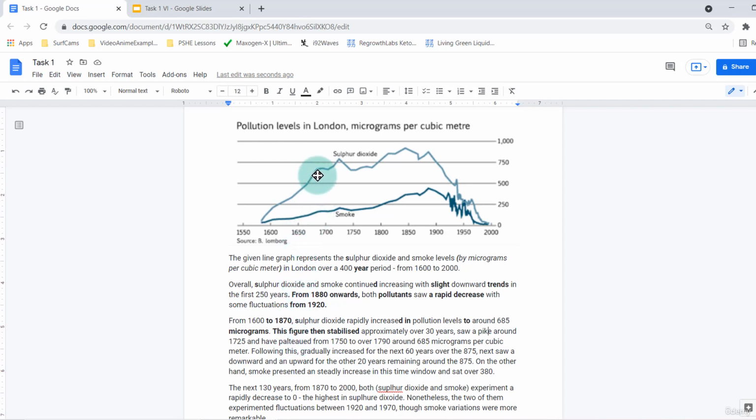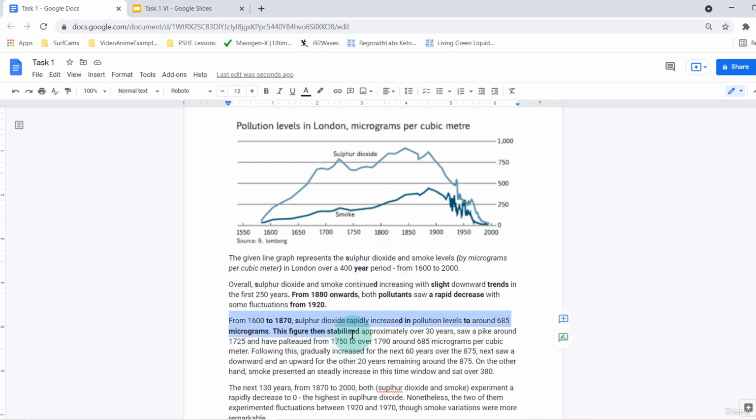So it looks like we may be saying from this part here, from 1670 to 1780. I think that's probably where we're going from. Let's say, I think there needs to be a larger change to this sentence. This figure pollute to around 685. So we're at 685 micrograms. Let's take a look.